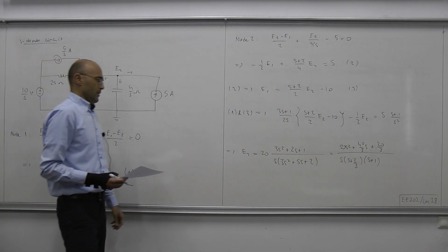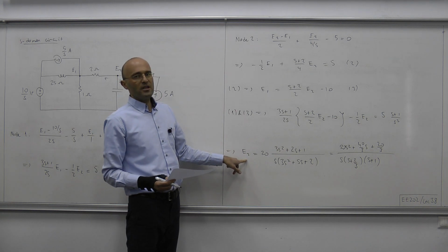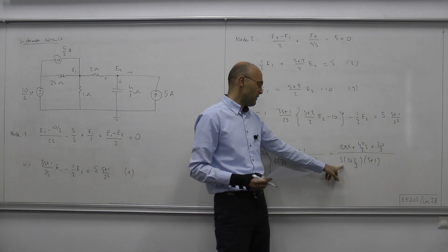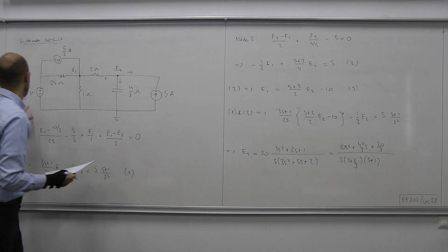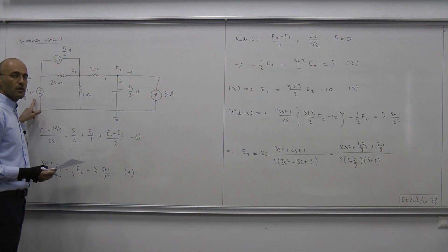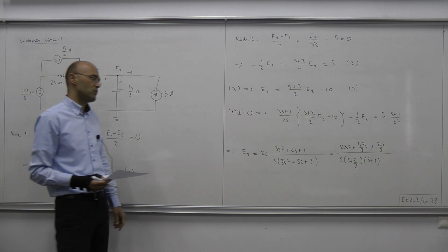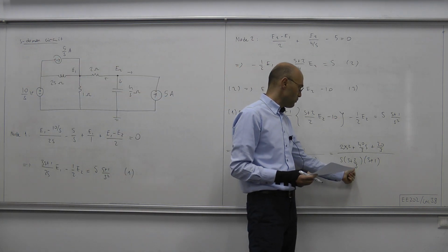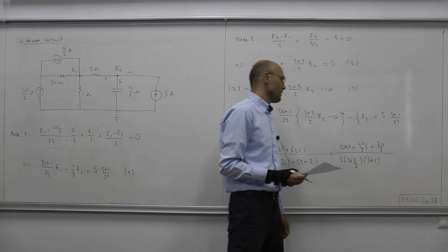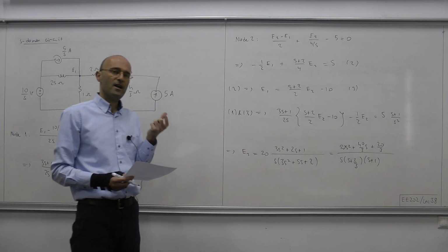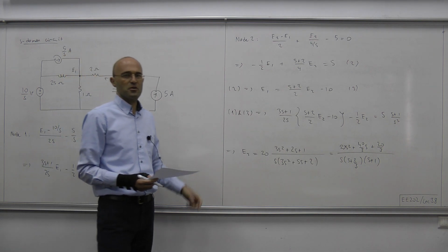Okay. Now the form of E2 of t will be: we will have some constant term, and that term is due to the voltage source. So that's the input in the time domain circuit, and we have two other terms. One is e to the minus 2t over 3, and the other is e to the minus t, and those terms have to do with the natural frequencies of the circuit.